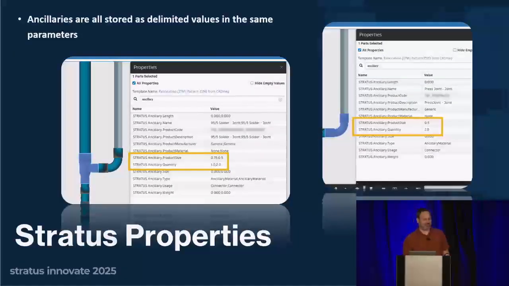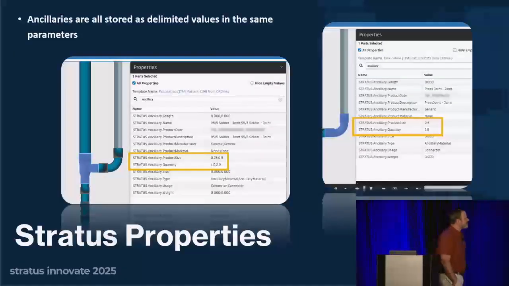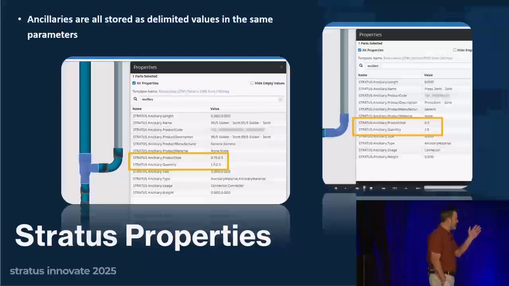All right, so what does this look like when we get to Stratus? Stratus stores the ancillaries in a delimited format. It's not the most ideal way from a reporting standpoint for us to work with. But when you click on a part, you can see on the left side an example of a delimited result, right?